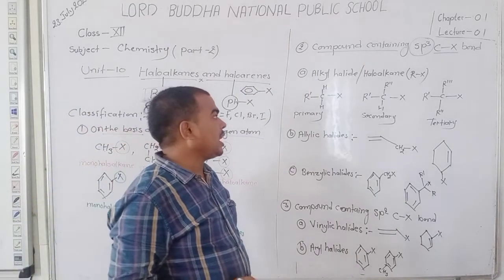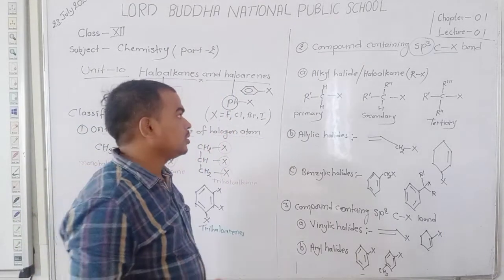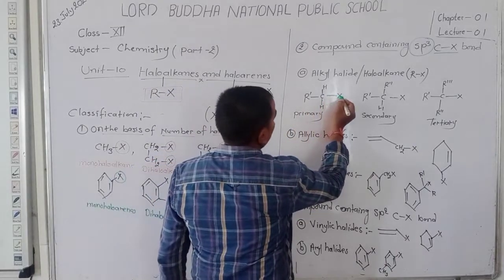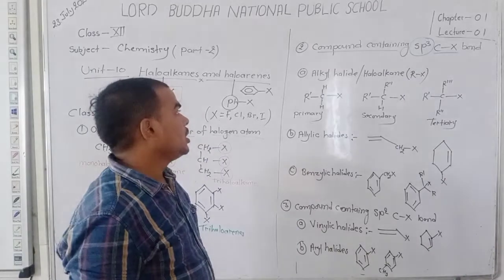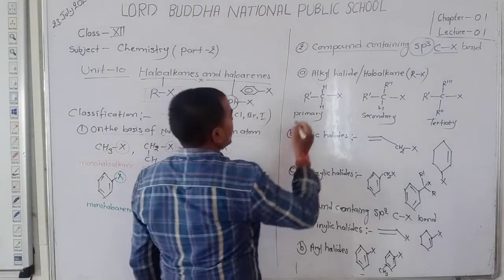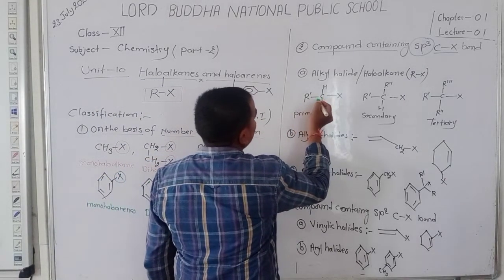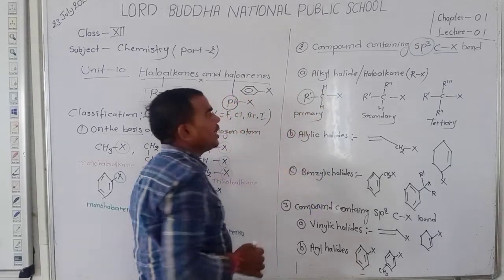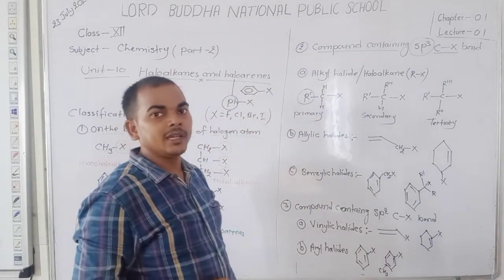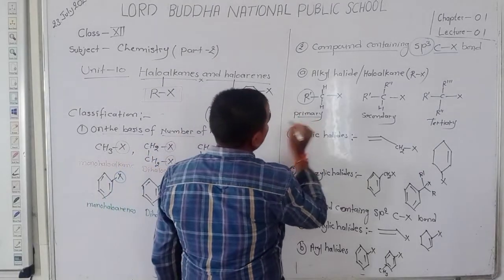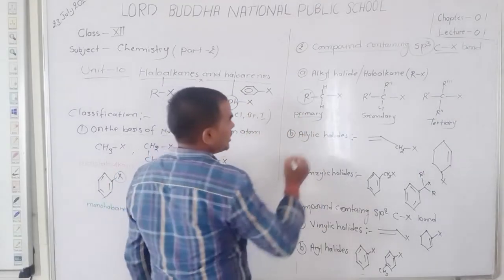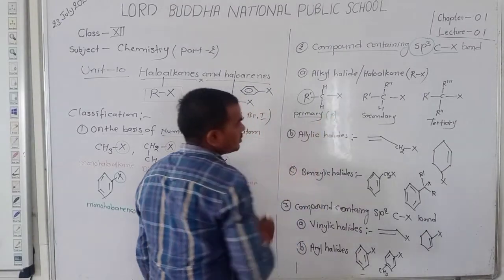It means the carbon has sp3 hybridization. The carbon attached with the halogen has sp3 hybridization. The sp3 carbon which contains a single alkyl group, a single carbon chain, is known as a primary haloalkane, that is a 1 degree haloalkane.